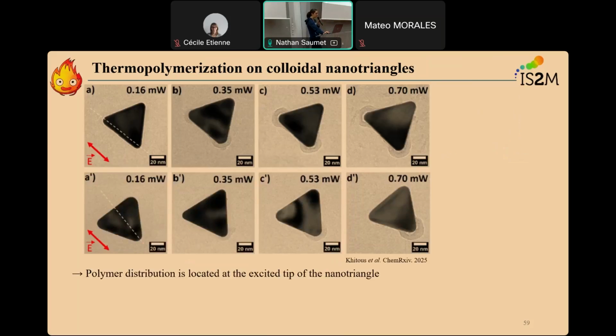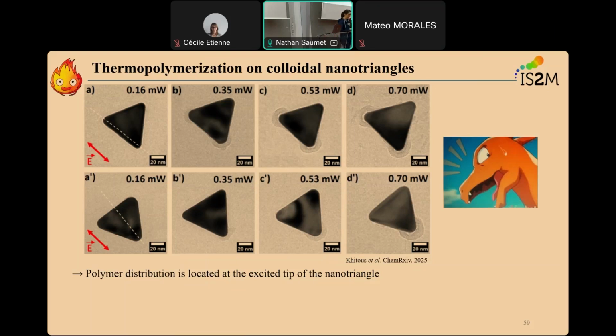And I observed this polymer distribution. I observed polymer here at the tip of the triangle, which corresponds to the polarization of the incident field. Here the polarization is along these two tips, and I observe polymer here and here. When the polarization is along only this tip, I observe polymer only here.